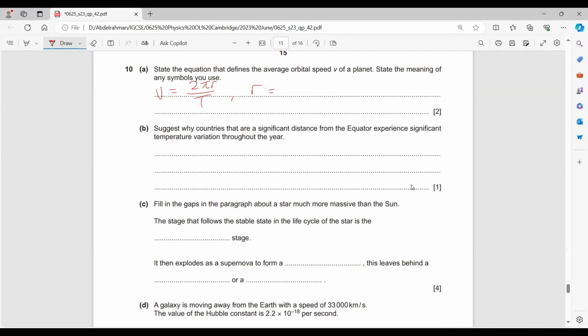R is the radius of the orbit. You have to be specific. And what's the capital T? The period of the orbit.